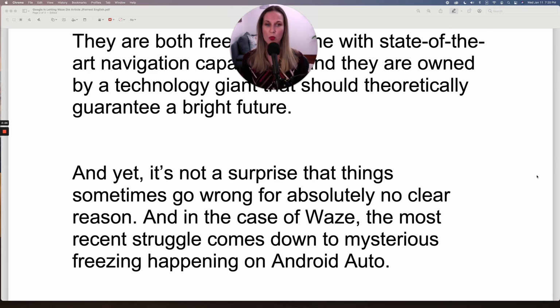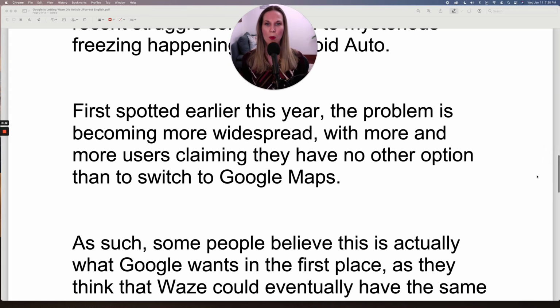And in the case of Waze, the most recent struggle comes down to mysterious freezing happening on Android Auto. First spotted earlier this year, the problem is becoming more widespread, with more and more users claiming they have no other option than to switch to Google Maps.